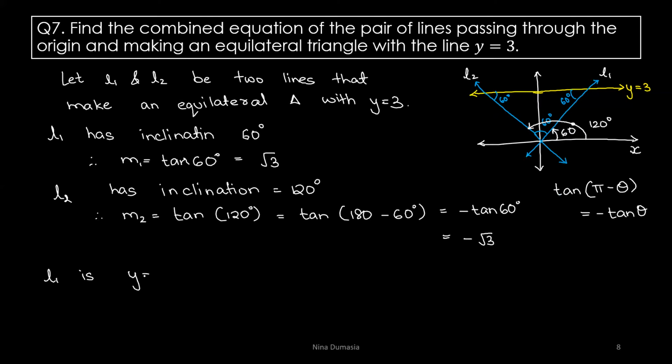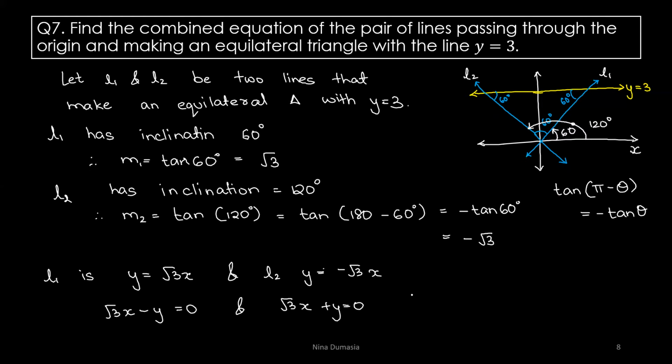So it is y is equal to root 3x, and L2 जो है वो है y is equal to minus root 3x. इसको हम दूसरे साइड पे लेके जाएंगे तो we get that root 3x minus y is equal to 0, and root 3x plus y is equal to 0.